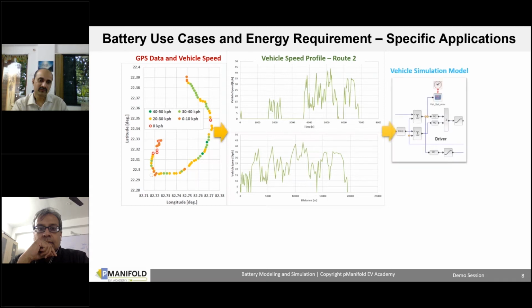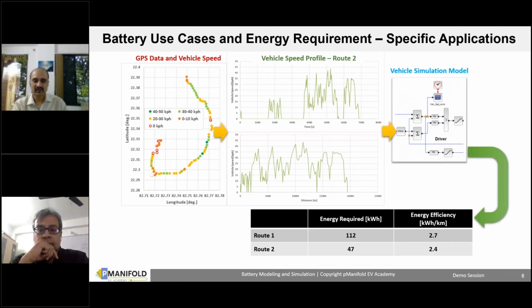Again, you can feed this into the driver model in a simulation as the target velocity profile, and you can generate the energy requirement as well as the energy efficiency for that particular real life use case.